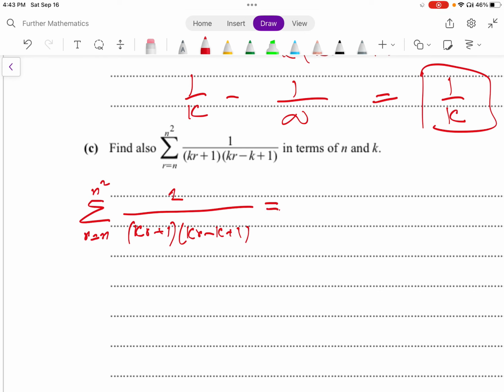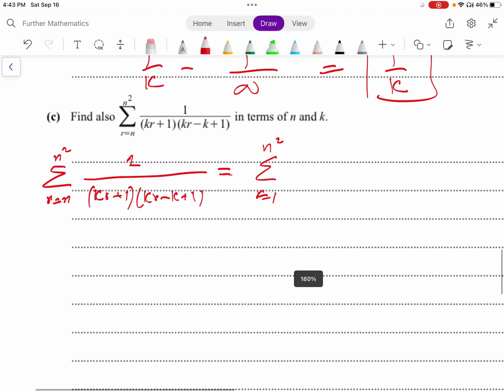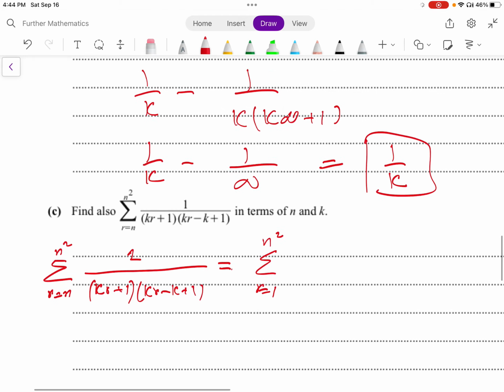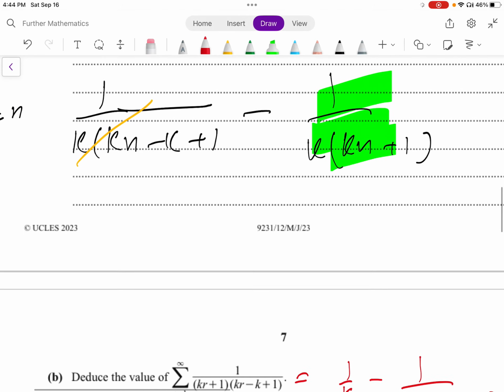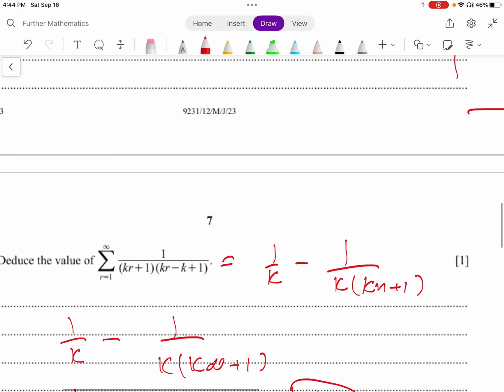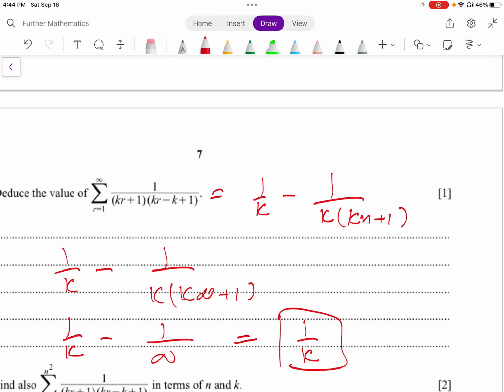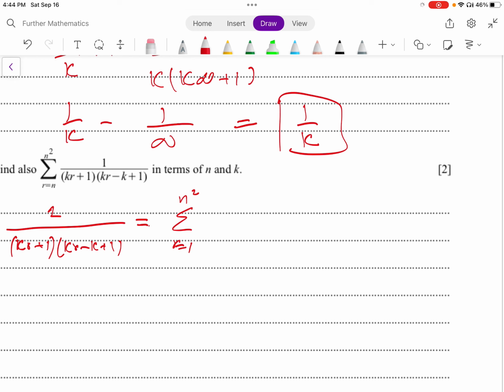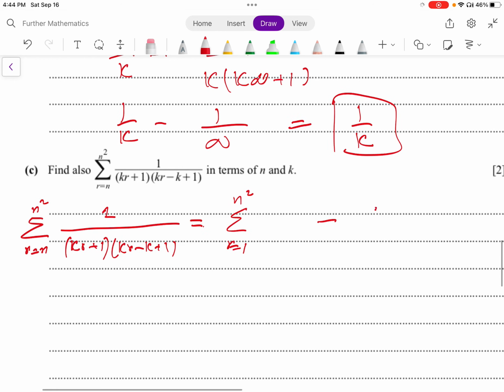So this should be equal to the sum from r equals 1 to n squared, and I have to plug in the formula from the first part, which is the answer of the sum. I'm just writing it in sum form: the sum from r equals 1 to n squared minus the sum up to the previous term.